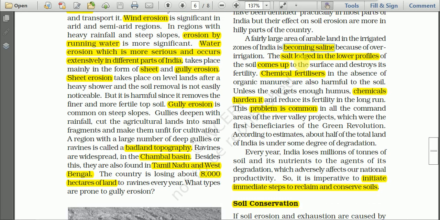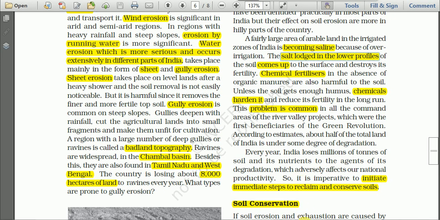The salt lodged in the lower profiles of the soil comes up to the surface and destroys its fertility. So due to capillary action, the salts from the B horizon and C horizon come up and are deposited on the surface.